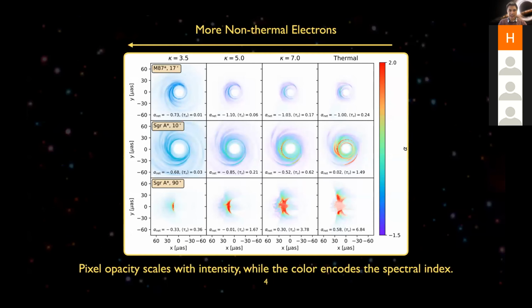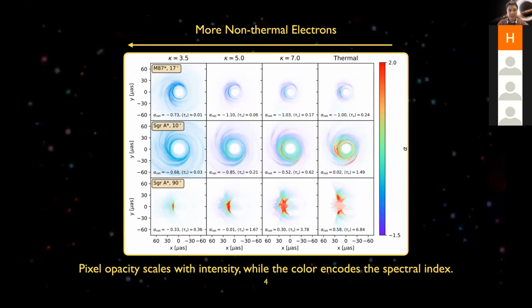So let's first take a look at some examples. This is the same exact GRMHD snapshot, ray traced in different ways. Different rows are M87 on top, then Sagittarius A* face on, Sagittarius A* edge on the bottom. The different columns correspond to different values of kappa, that is the amount of electrons that are in this high energy tail, where you've got more high energy electrons moving to the left.